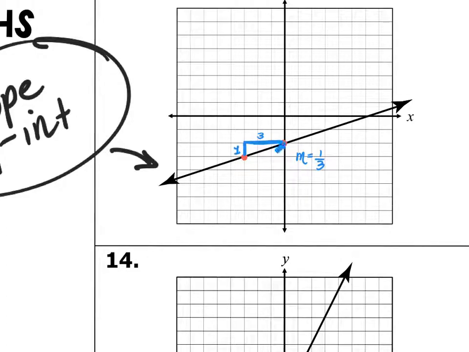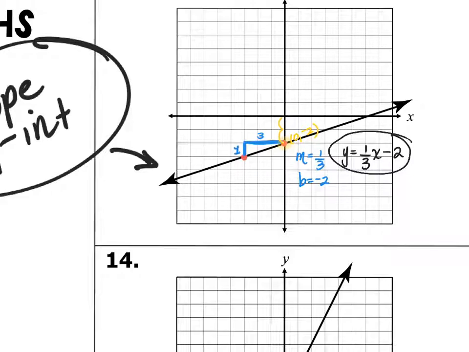And my y-intercept, which also is this point right here, that's the y-intercept of the line. Okay, that point is 0, -2. So b is -2. So in y equals mx plus b format, my line is y equals 1/3 x minus 2.